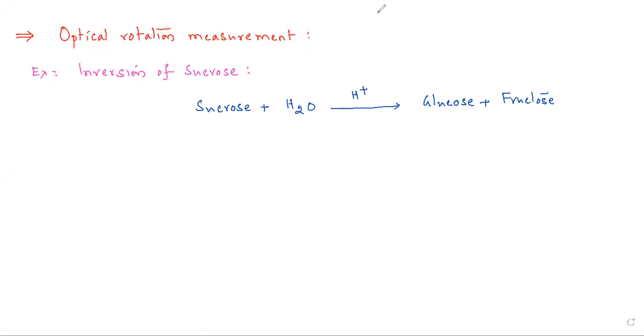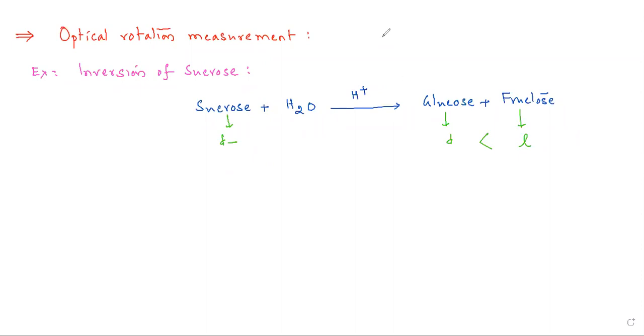Now, let me say that sucrose is dextrorotatory. On hydrolysis, it gives glucose, which is again of dextrorotatory type, and fructose, which is levorotatory. But the overall thing is that the levorotation of fructose is greater than the dextrorotation of glucose.